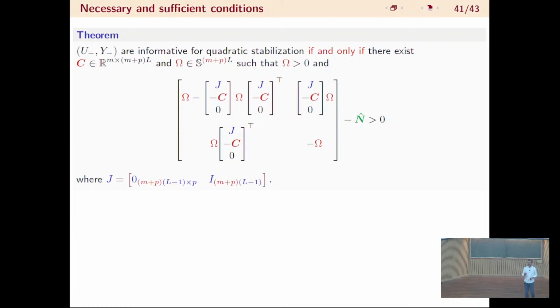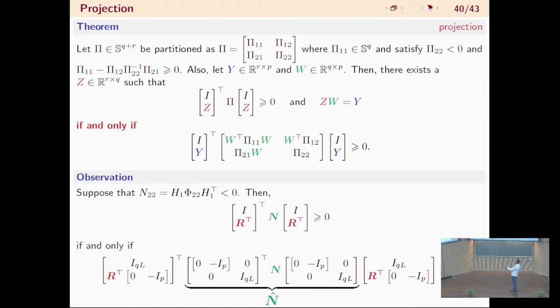Therefore, I can use the matrix S lemma. The data are informative for quadratic stabilization if and only if there exists a C and omega, where omega is positive definite, such that this matrix inequality is satisfied. Where does this N hat come from? It comes from the noise model, the data, and multiplication by this matrix and this matrix.